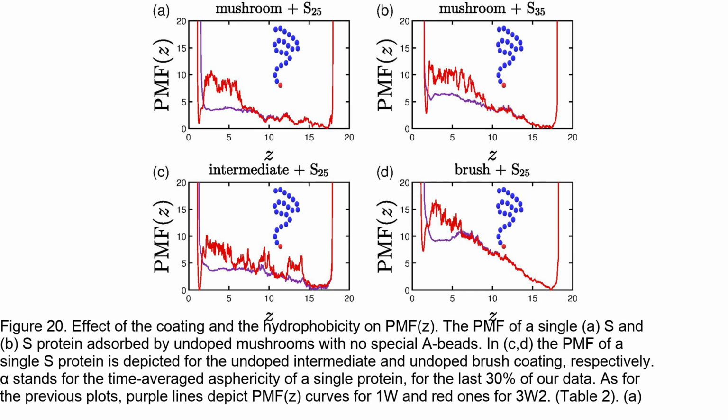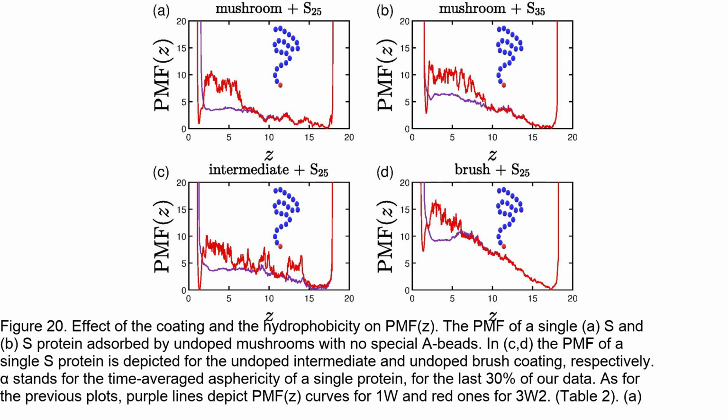These results suggest that the coating type and the strength of the attractive interaction play important roles in determining the rate and percentage of protein adsorption. The mushroom coating and stronger attractive interactions promote higher rates and percentages of protein adsorption. On the other hand, the intermediate and brush coatings, as well as weaker attractive interactions, result in lower rates and percentages of adsorption.